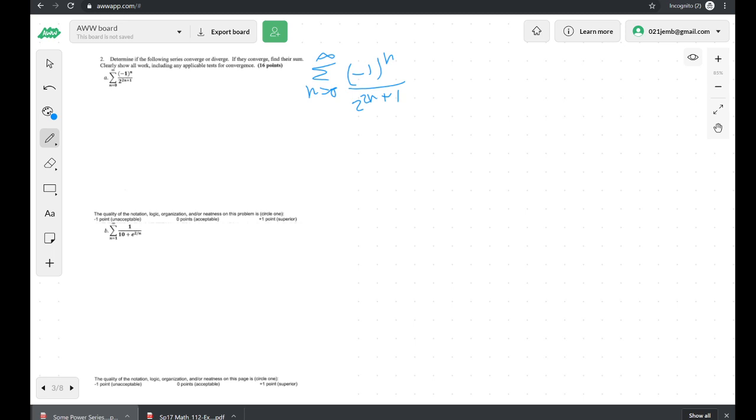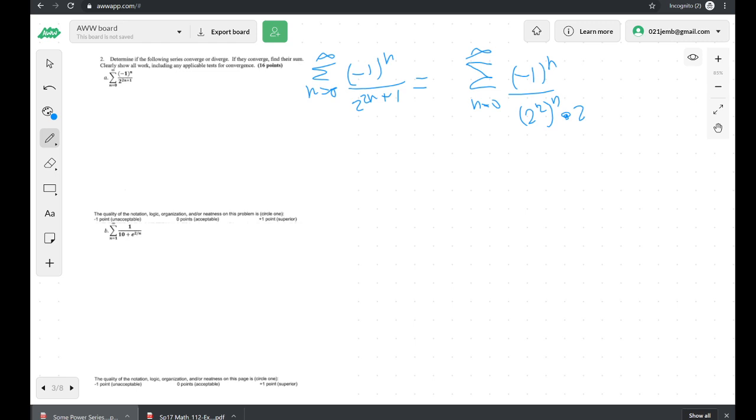We can rewrite this as the sum from 0 to infinity of (-1)^n divided by (2 squared)^n, and then we can split off a factor of 2 to the first power, so times 2. Look at that, that's very familiar. That looks like a geometric series, and essentially that's what it is.